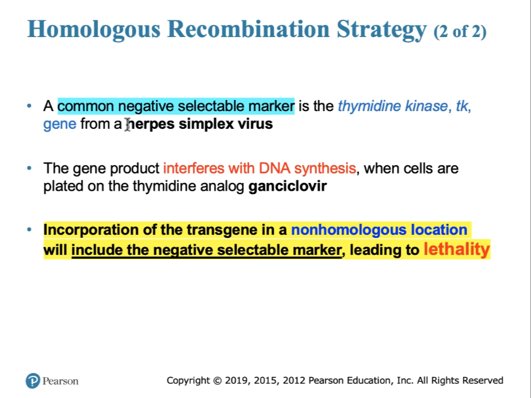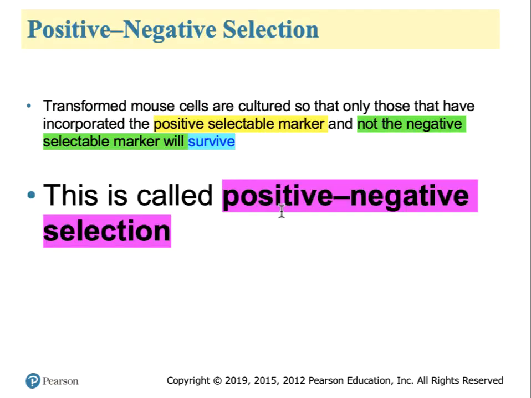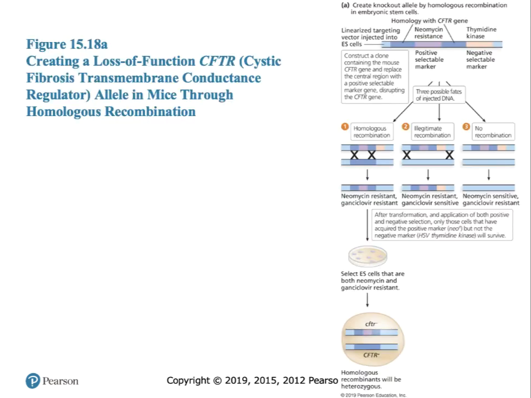If homologous recombination takes place, only the positively selectable marker will move onto the chromosome. If illegitimate recombination takes place, then both genes will move onto the chromosome. And because the second gene is lethal, those cells will not survive. This system is known as positive-negative selection, because both of them can take place at the same time.